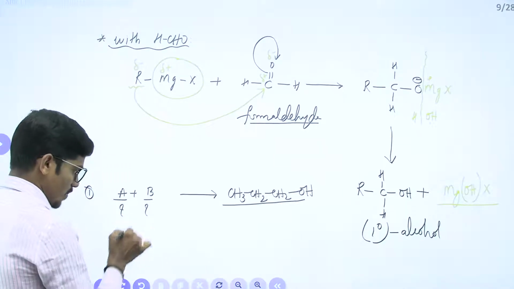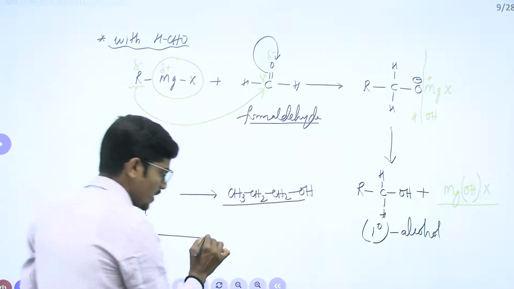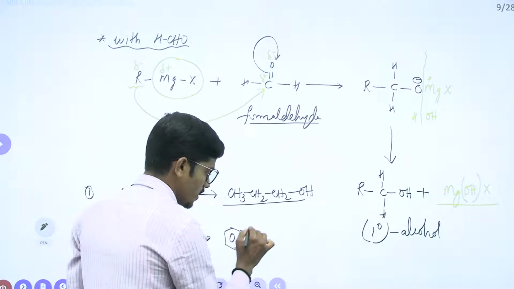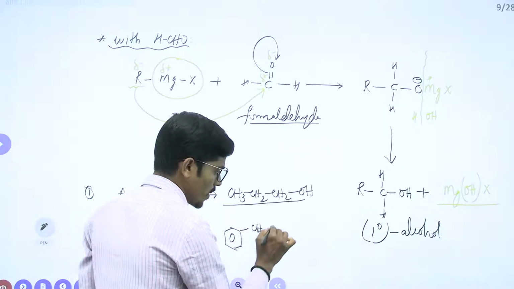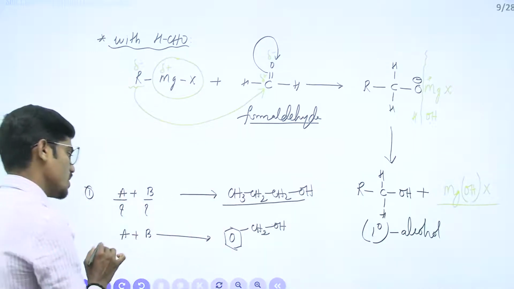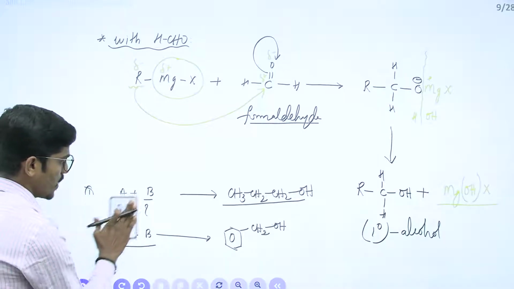Second one, same, identify A and B in the following. A plus B gives rise to a benzene ring with CH2OH, that is benzyl alcohol. To get this, what are the reactants required? Identify A and B in the following reaction.